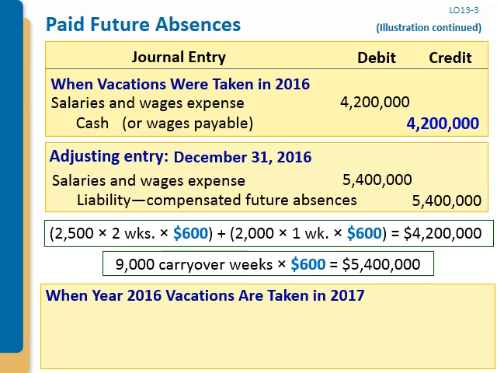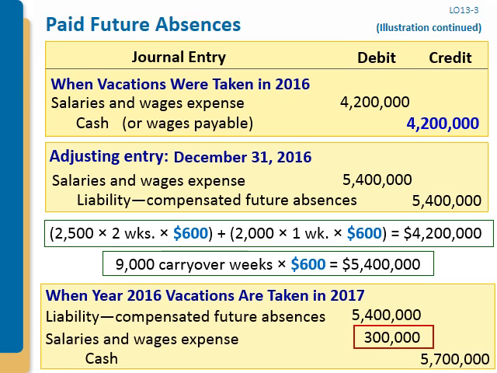We see that occur in 2017, when the amount paid is $5,700,000 rather than the $5,400,000 accrued by the end of 2016. The difference is $300,000 and is reflected in 2017, essentially updating the estimate of compensation expense for changes occurring during 2017.